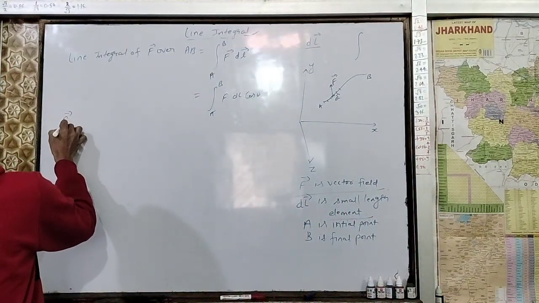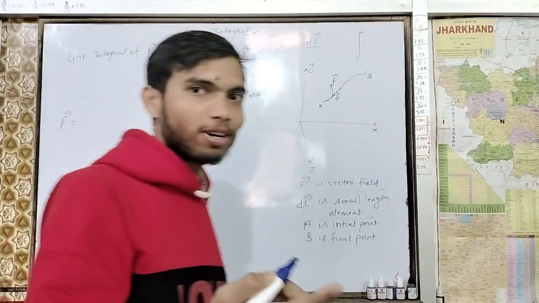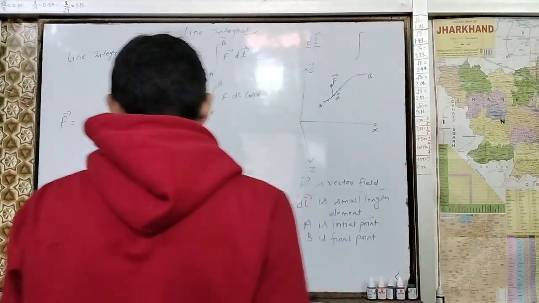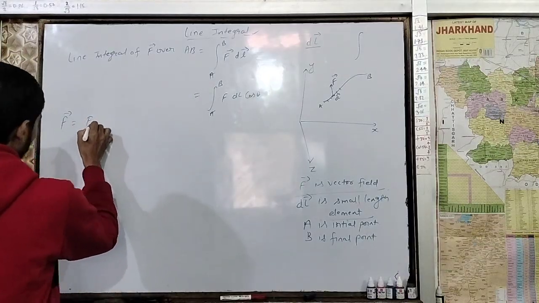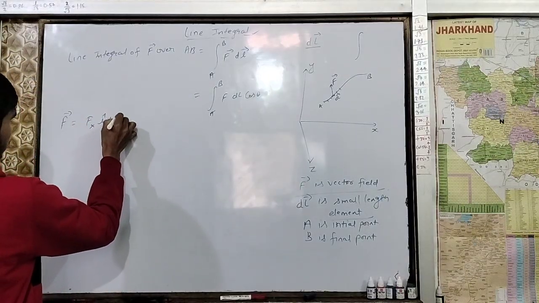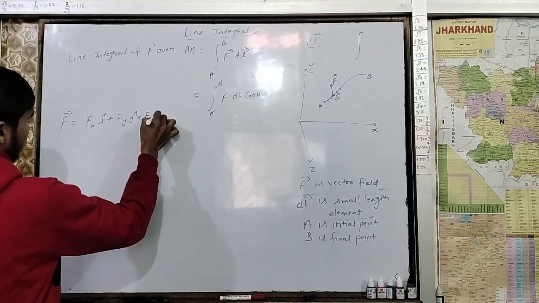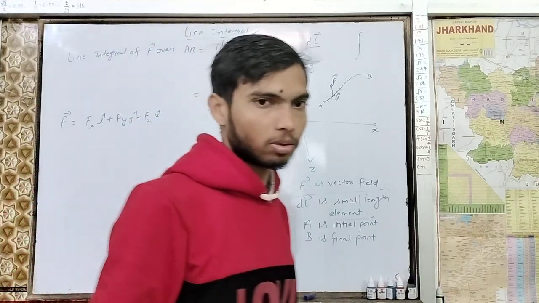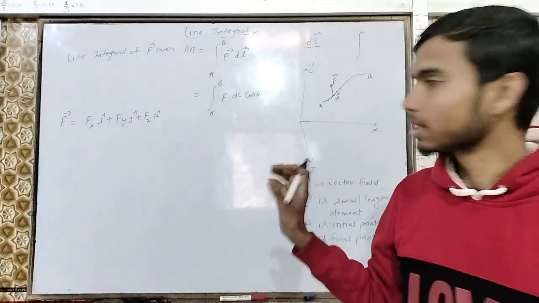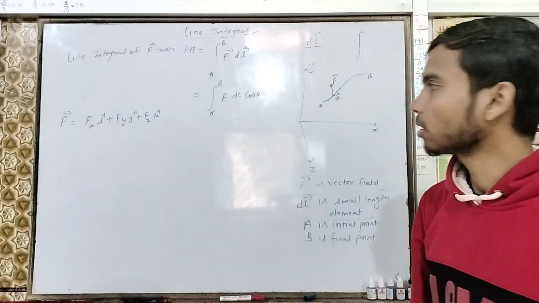So the vector field will be fx i cap plus fy j cap plus fz k cap. This is the component form of the vector field.